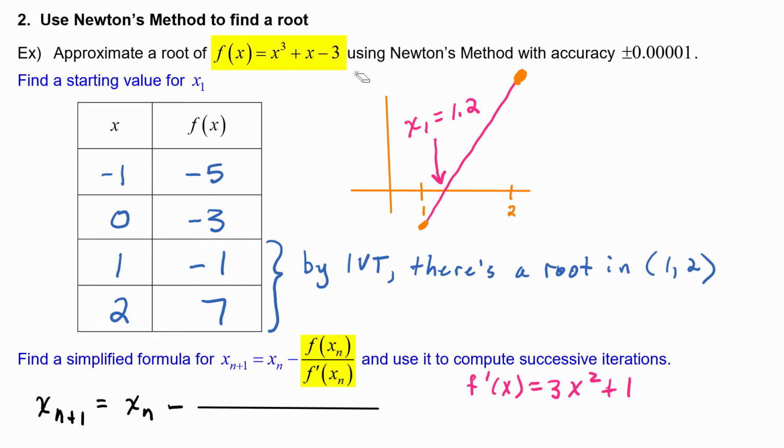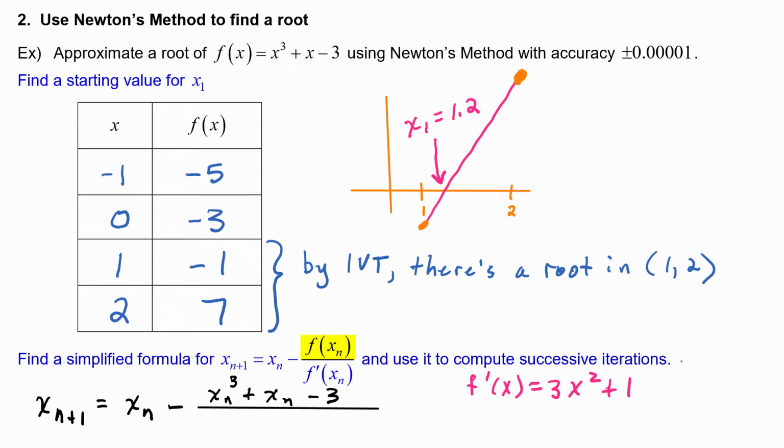So if f of x is x cubed plus x minus 3, then f of x_n is x_n cubed plus x_n minus 3.